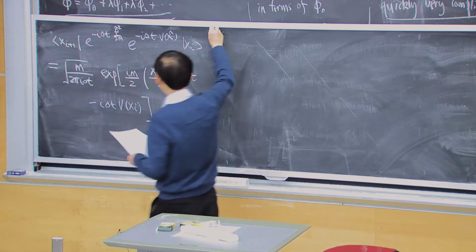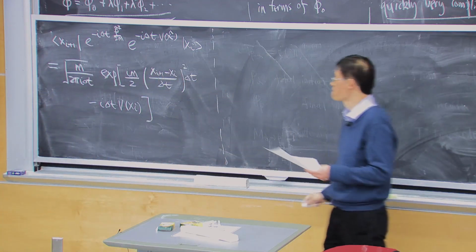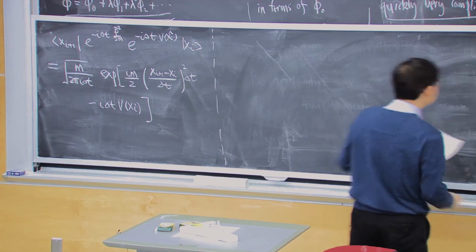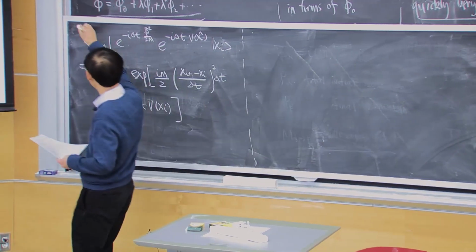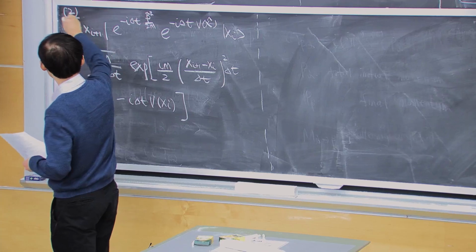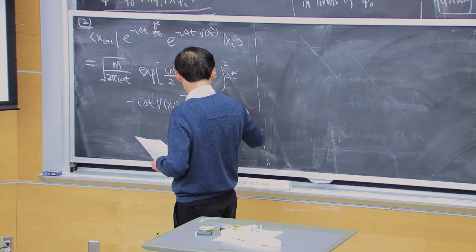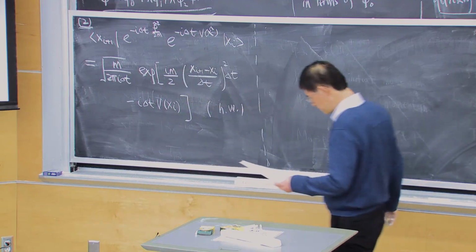Okay, so you just get this. This is the answer, the second element. Now this is readily computable using the standard technique. I will remember to put it in your homework.